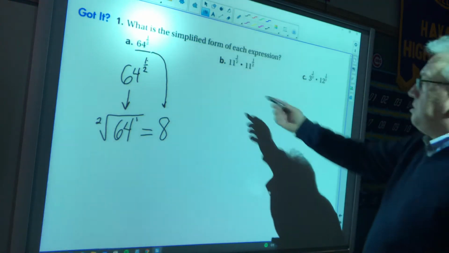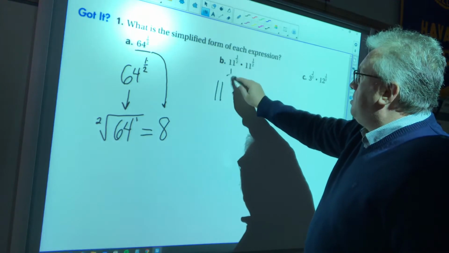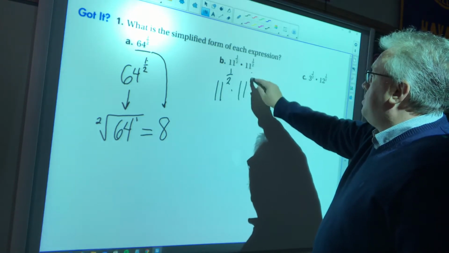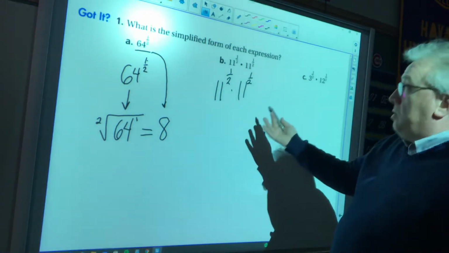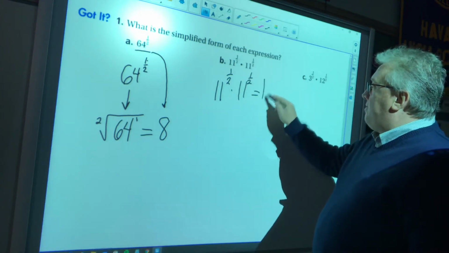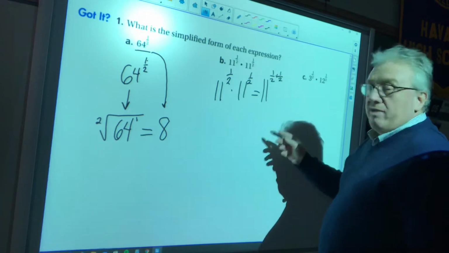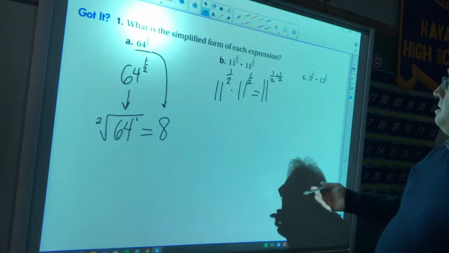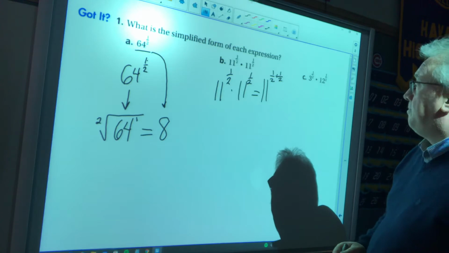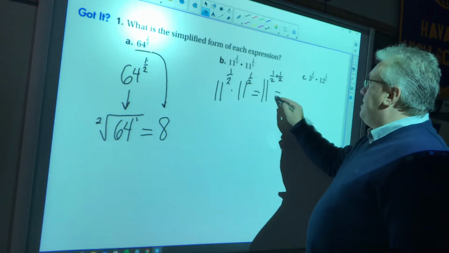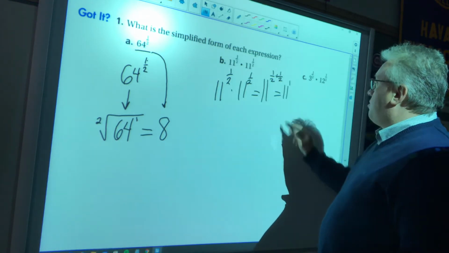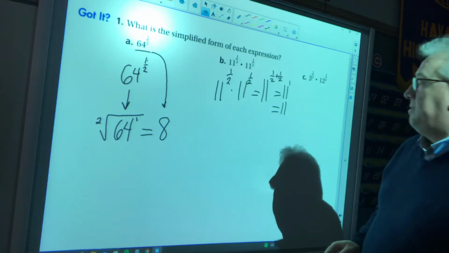So let's look here. We have 11 to the 1/2 power times 11 to the 1/2 power. One way of doing it would give you 11 to the 1/2 plus 1/2 power. That's our properties of exponents, the multiplication property, or the product property, and that's just 11 to the 1st power, which is just 11.